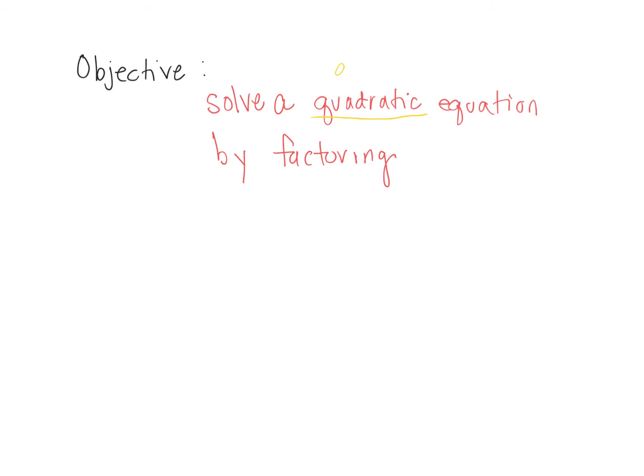So we've been looking at ax squared plus bx plus c and saying that that is our quadratic. But we've been dealing with expressions. We're now going to take that and make this into an equation.